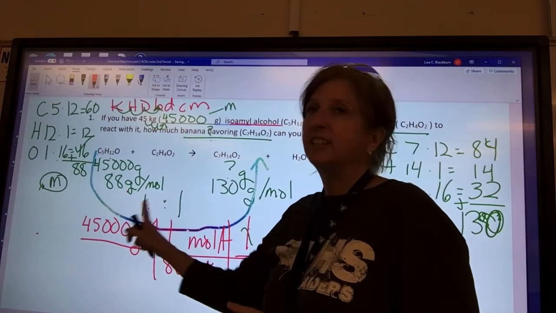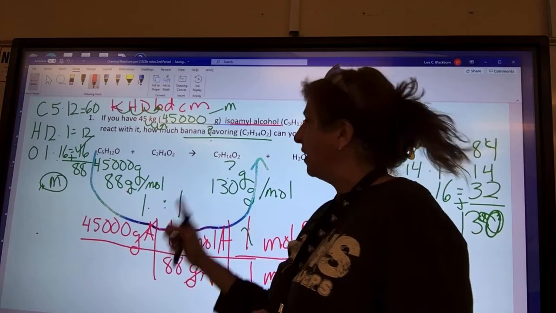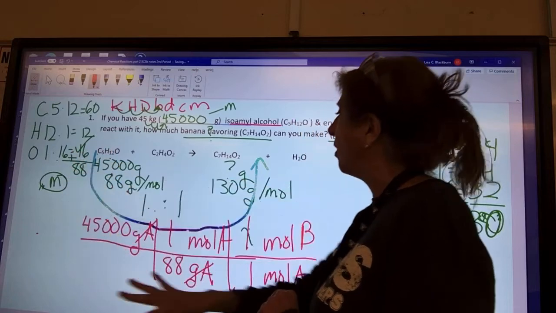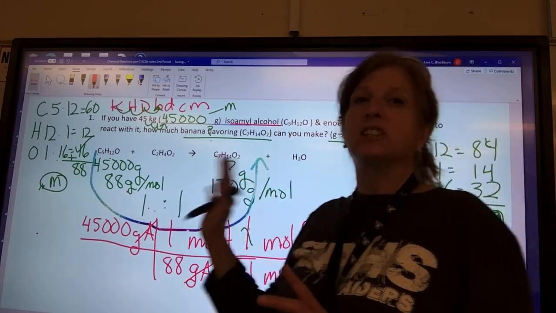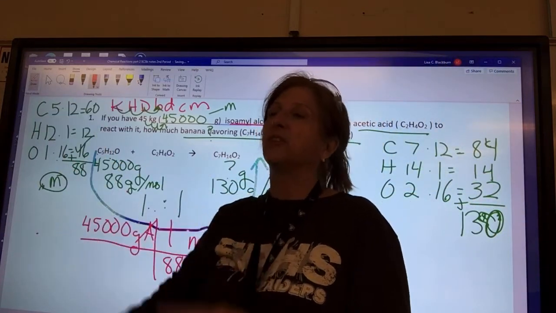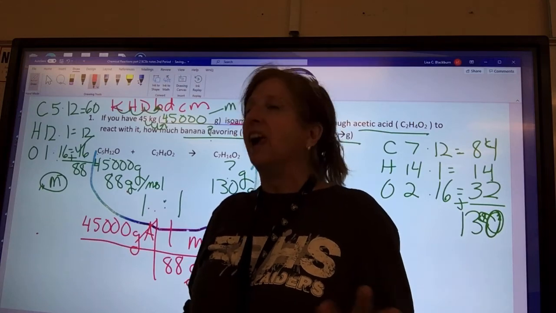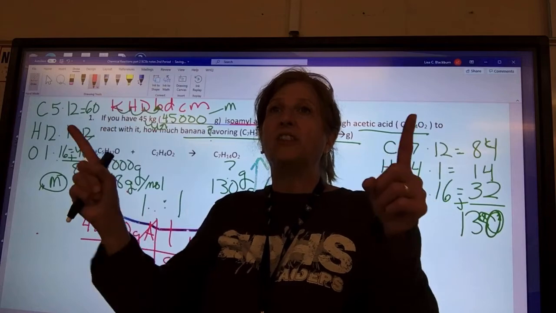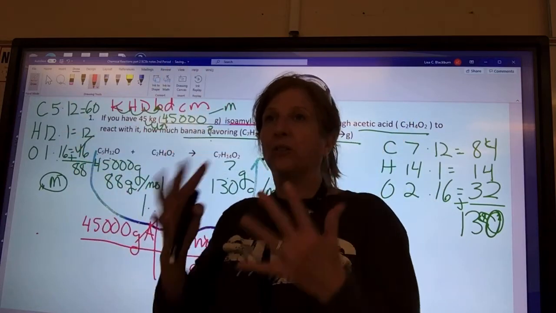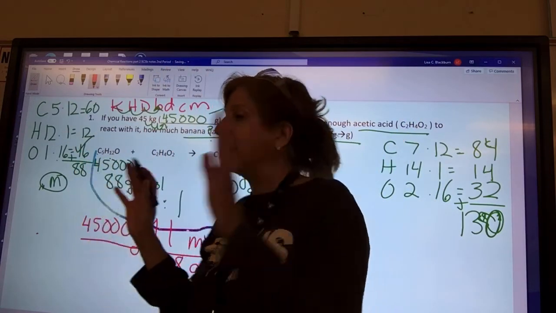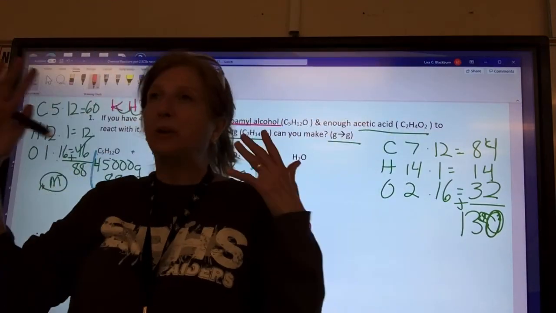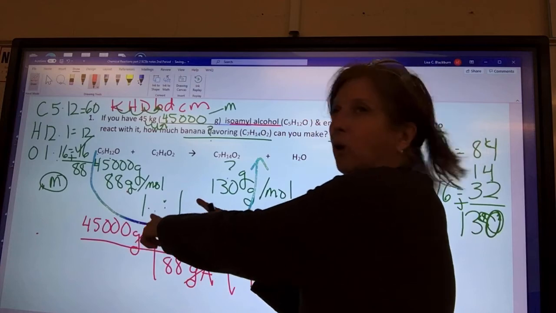Our mole ratio is our revolving door. If we do not do the mole ratio, we can't move from alcohol to banana flavoring. It's just like Buddy couldn't have gotten from inside the store to out on the streets in New York City. So when we play rock, paper, scissors, shoot, and you get stuck doing the problem as I'm walking you through it, and you're looking at me blankly, I go in a circle just like this, that means what you've forgotten is the mole ratio.